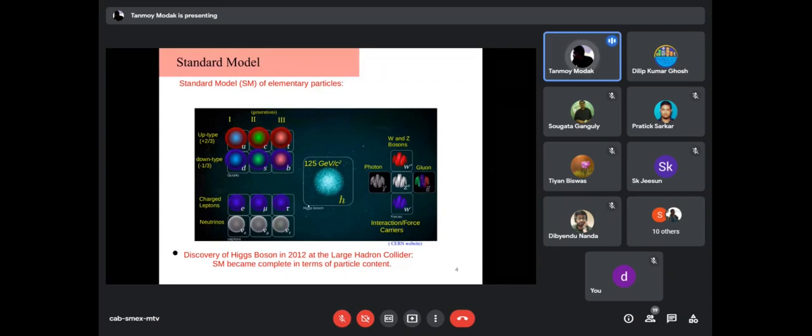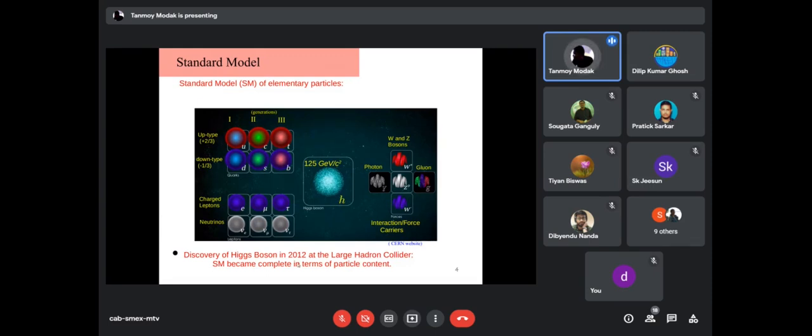So we'll talk about three forces. First, the electromagnetic force. Photon is the force carrier of it, and W and Z bosons are force carriers of the weak nuclear force, and gluon is the force carrier of the strong nuclear force. And the last missing puzzle of the standard model was the Higgs boson, and it was discovered in 2012 at the Large Hadron Collider in proton-proton collision. So after its discovery, in terms of particle content, the standard model became complete.